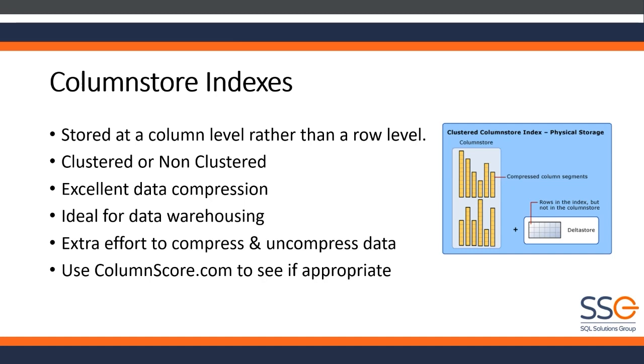You can also create non-clustered. But what this means is the way the data is stored is it creates row groups. When you create a column store index, it creates row groups, which is roughly 1 million rows of data. And what it does is it takes 1 million rows of data and looks at each column and tries to compress them.